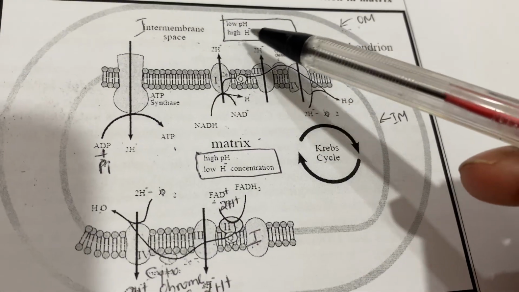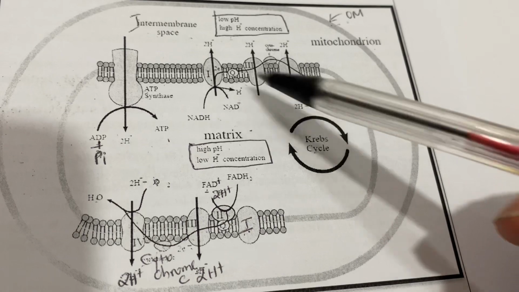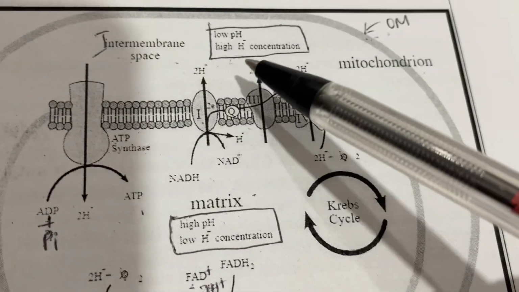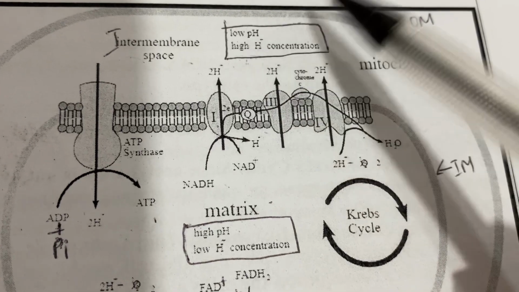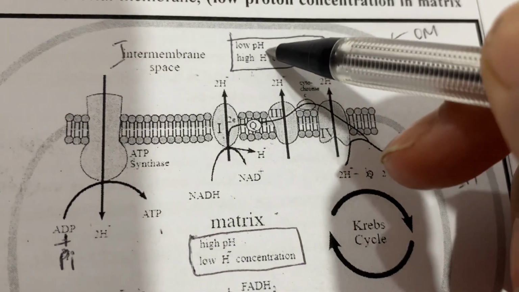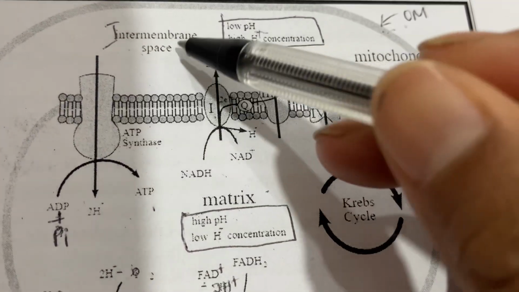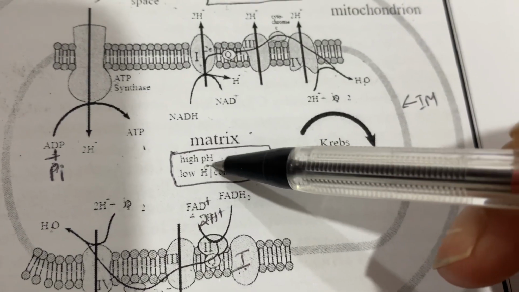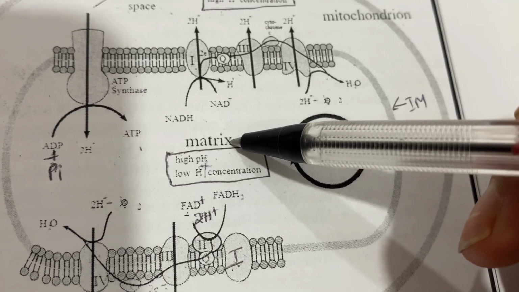With the pumping of protons by the electron transport system, they have created high proton concentration in the intermembrane space and low proton concentration in the matrix, right?